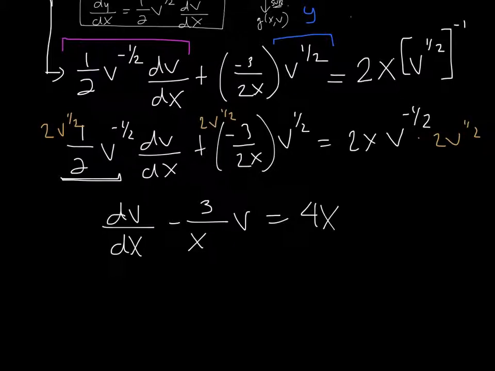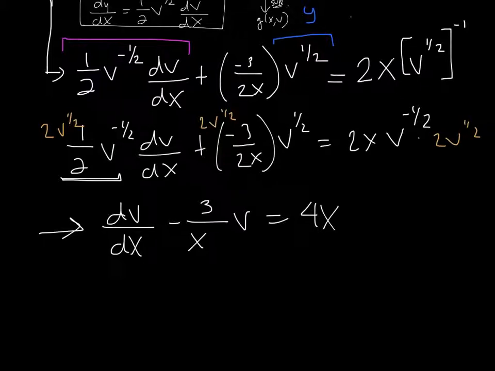Now, if you wanted to use the equation on page 63, you see equation 10, and it says our v equals y raised to the 1 minus n can be transformed into our linear equation, which is what we got here. And notice there's a nice little formula for it: dv/dx plus 1 minus n, our n in this case is negative 1, so it's really 1 plus 1, which gives 2, and so we do get a 2 here.